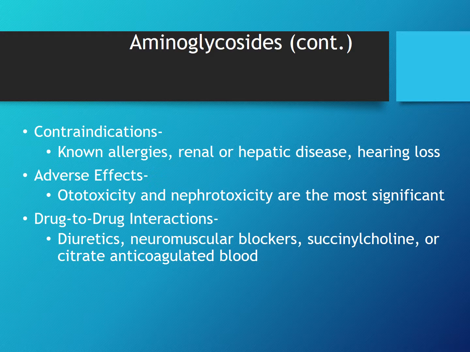With the more conventional type of dosing, where they're getting it every 12 hours, we do your typical traditional peaks and troughs. With once daily dosing, we wouldn't necessarily do peaks and troughs, but we might do random 12-hour serum evaluations.